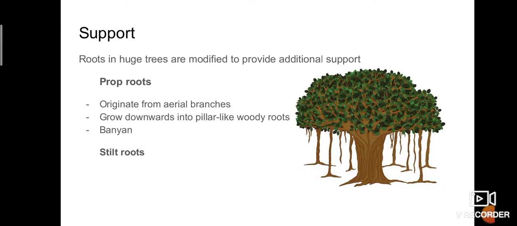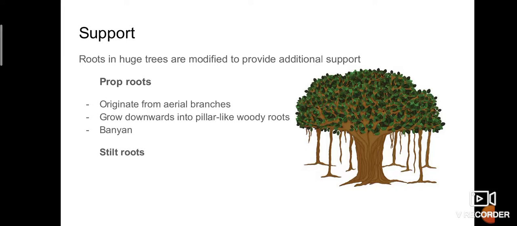The next thing is support. One of the other functions of roots is that they give support. For example, if you take a banyan tree, you people have seen banyan trees, so many roots on the trees, isn't it? So it provides mechanical support to the plant.